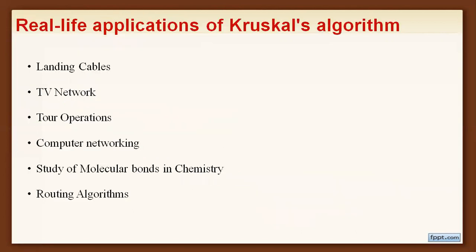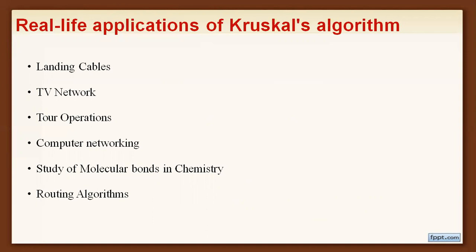Some well-known real-time examples or applications of Kruskal's algorithm are mentioned here. In real-time scenarios, we can use Kruskal's algorithm for laying cables. That means if you want to establish a network with the help of cables on the ground, you can use Kruskal's algorithm.